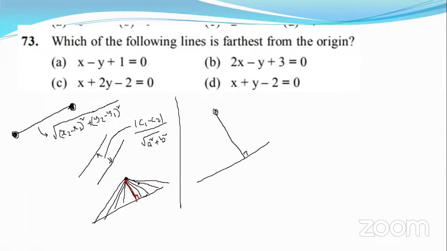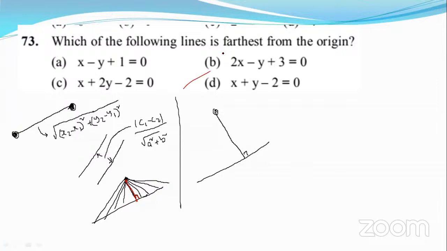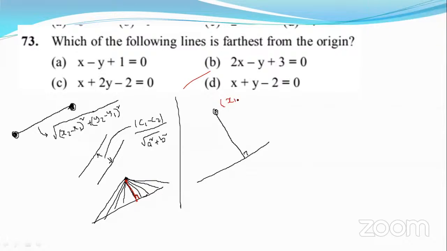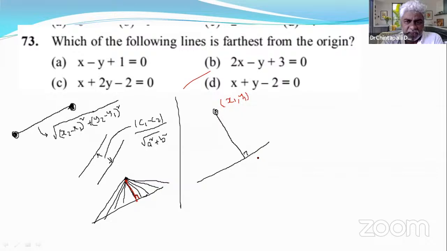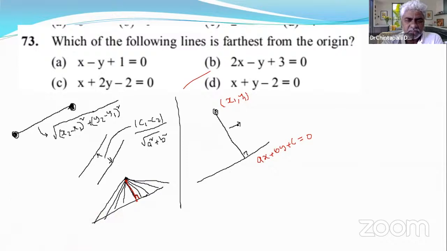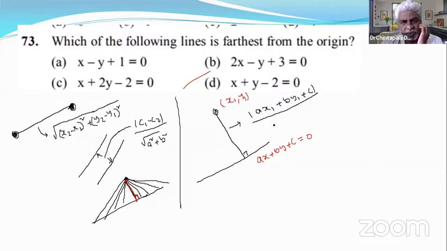There is a formula to find the perpendicular distance. If the point is (x1, y1) and the line is ax plus by plus c is equal to 0, now the perpendicular distance from this point to this line is mod of (ax1 plus by1 plus c) over the square root of a square plus b square.